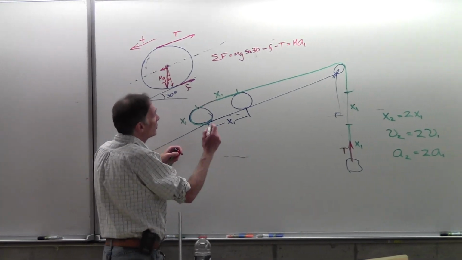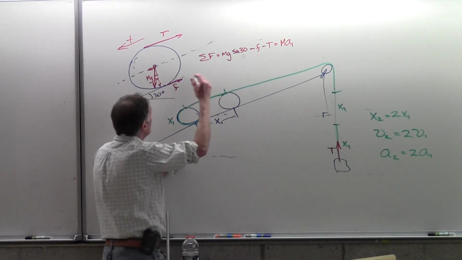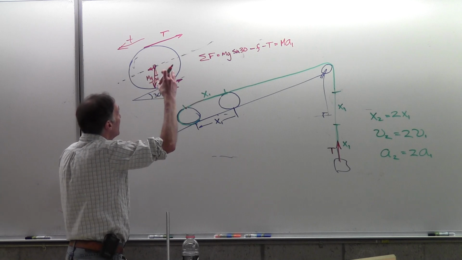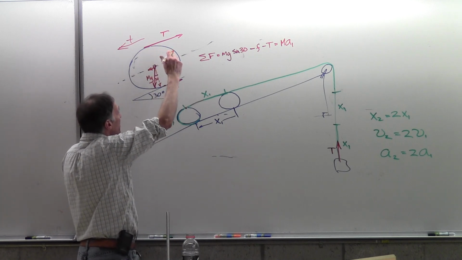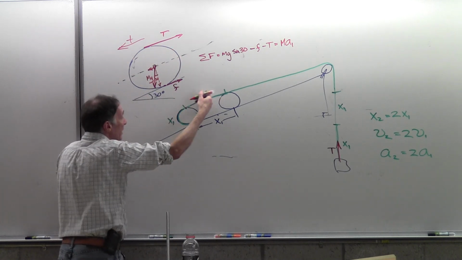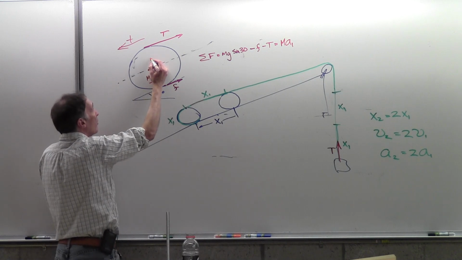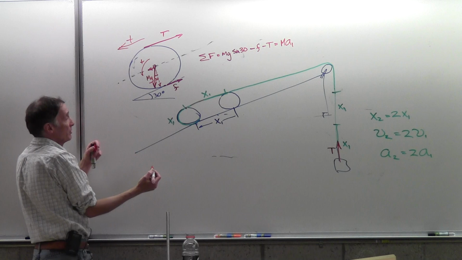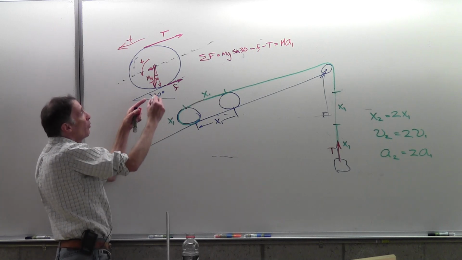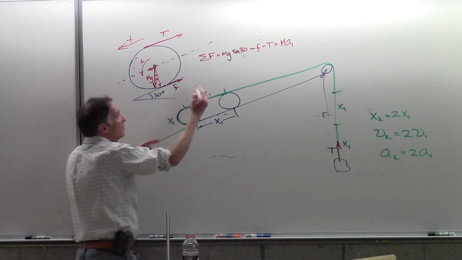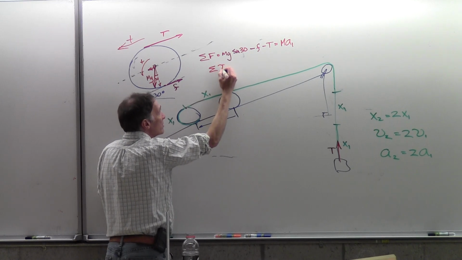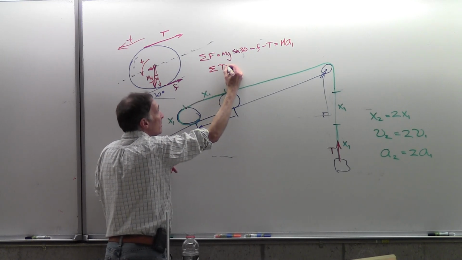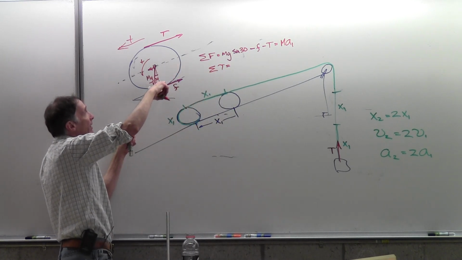Now, also, we have the torques on that. I'm calling this direction positive, so I'll call motion in that direction positive. Consider what forces want to rotate it. So I'm going to do now the sum of the torques. First the sum of the forces, now the sum of the torques.